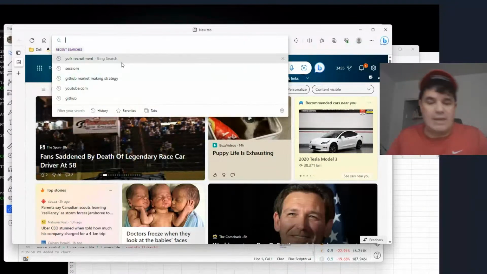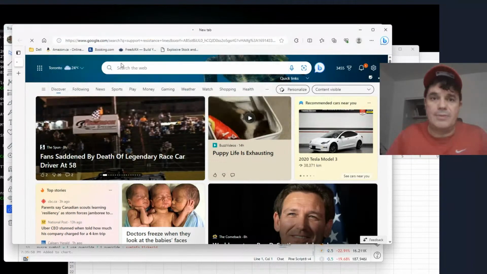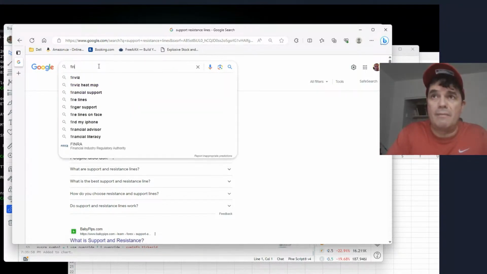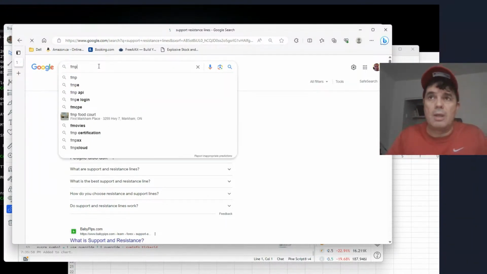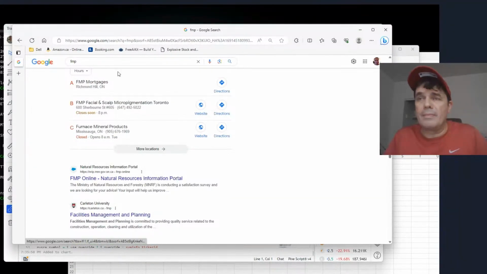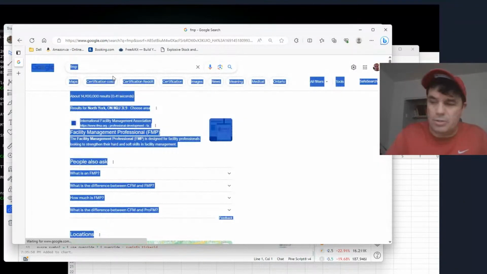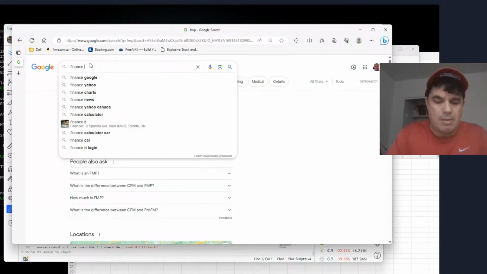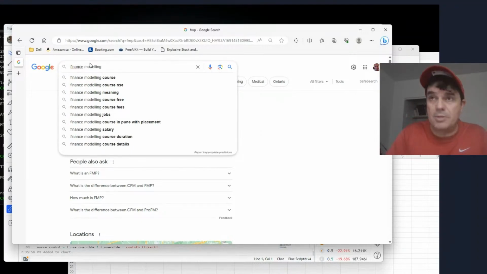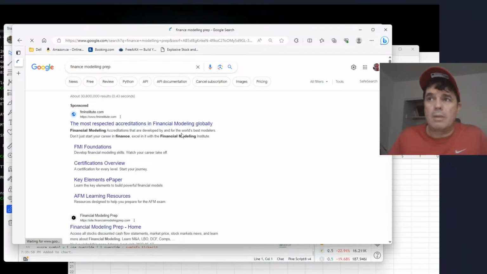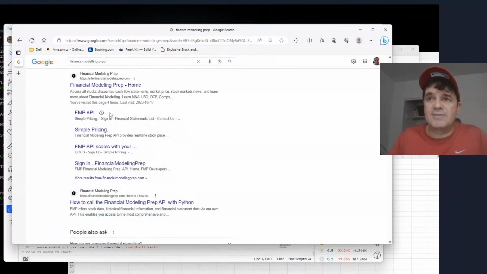If I go over to Google and put in FMP, which is the short for it. Okay, I guess not. Yeah, as a source, you can use this with Python. So there's Financial Modeling Prep. This right here is one data source I use.